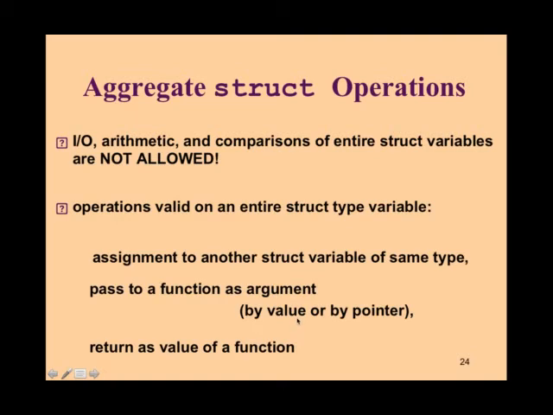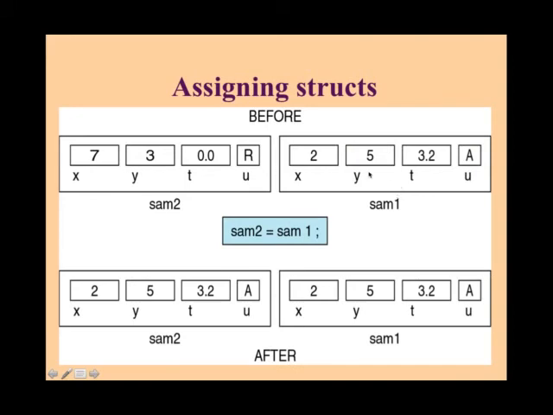Okay, now we're just going to show one more example of assigning struct, and then it will be best if we did some work on the compiler to show you some of these things. So if I declare two structures, with x, y, t, and u as members, sam1 and sam2. So before assignment, sam1 had these values 2, 5, 3.2, and a. sam2 had these values 7, 3, 0.0, and r. And then I say make sam2 exactly as sam1.